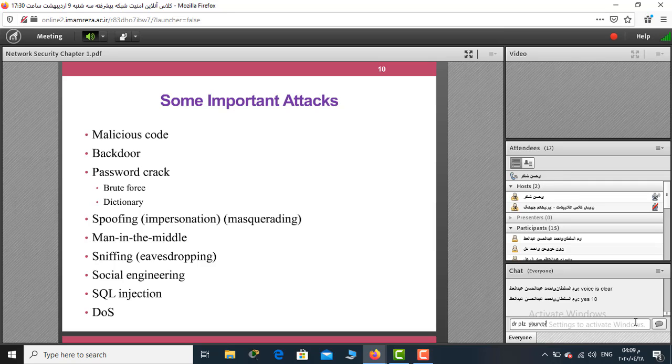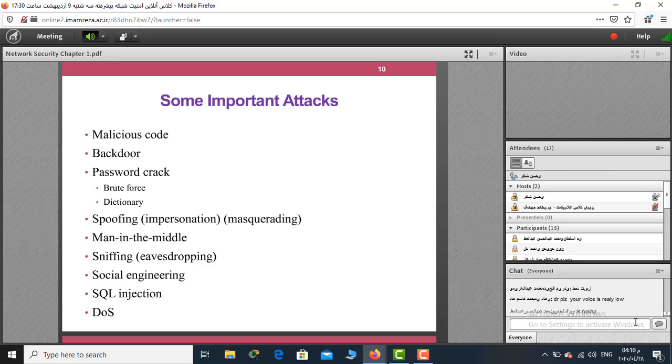What is the general term for malicious codes, for virus and worm and trojan? Can you tell me what is the general term for virus and trojan and spyware and ransomware and botnet?